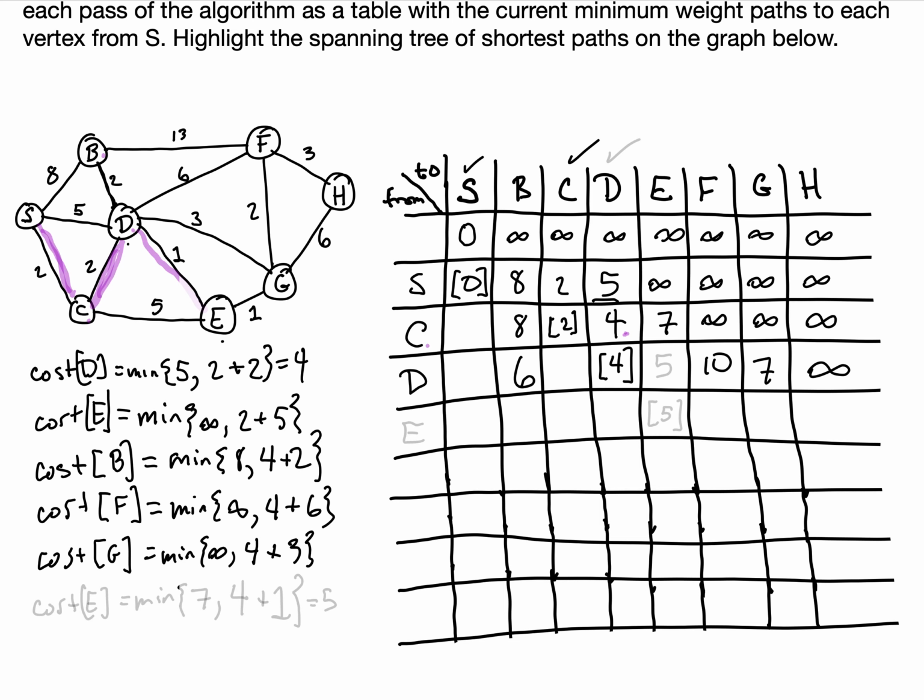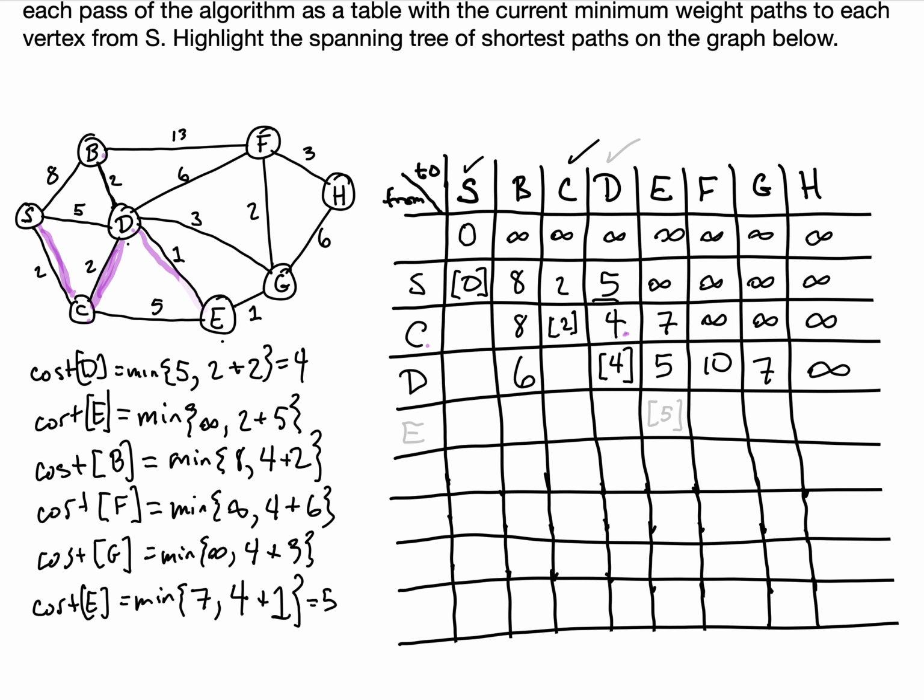E is also a neighbor of D, so the cost of E is now going to be the minimum of whatever the cost was before, so that previously was 7, and its new cost, the cost of the path up to D plus the weight of the edge from D to E, that's 1. So a minimum of 7 and 5 is 5. So this is going to be updated.